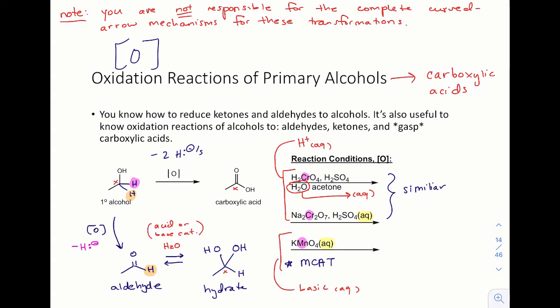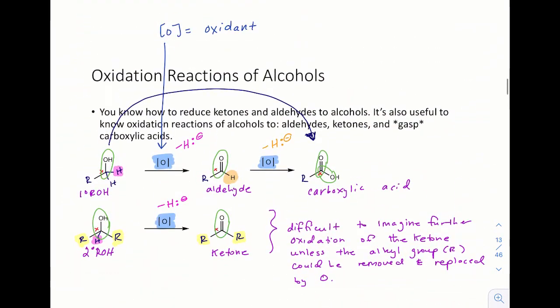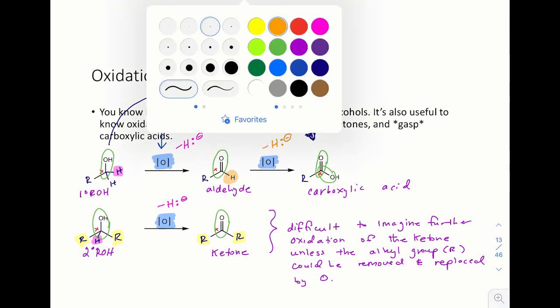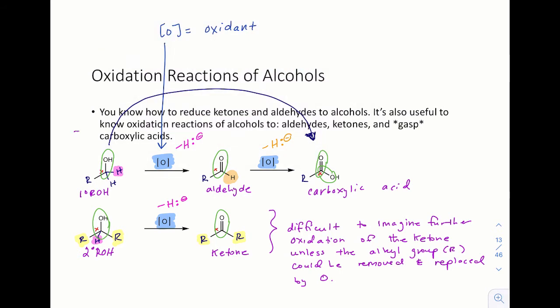And so from the hydrate, these oxidants can remove that second equivalent of hydride. It's removed from the hydrate, it is not removed from the aldehyde. So understanding that allows us to consider the next question, which is, well, what if we didn't want to oxidize all the way to the carboxylic acid? What if we desired in our synthesis just to generate the aldehyde? Could we stop at the aldehyde?